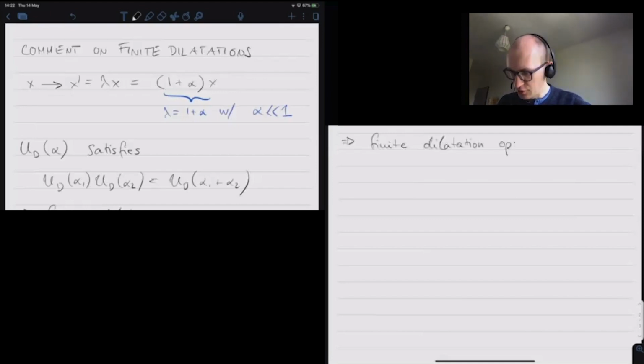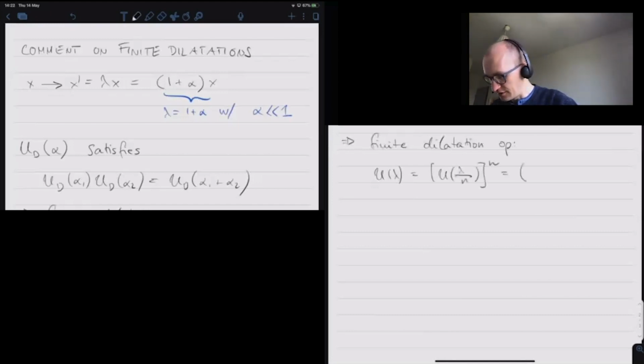U of lambda is going to be something like U of lambda over n, chopped into n bits, raised to the power n, which is the usual 1 minus i lambda over n D to the power n.